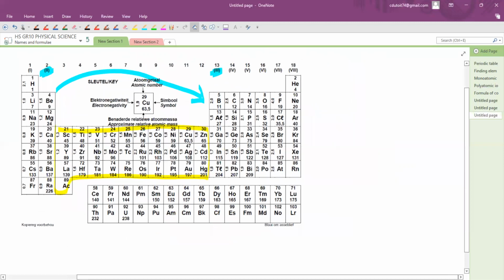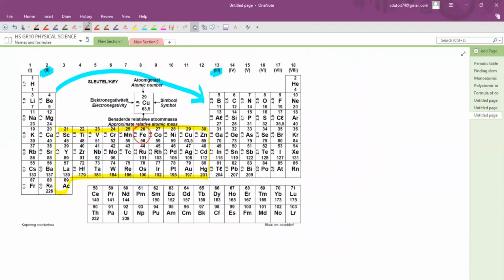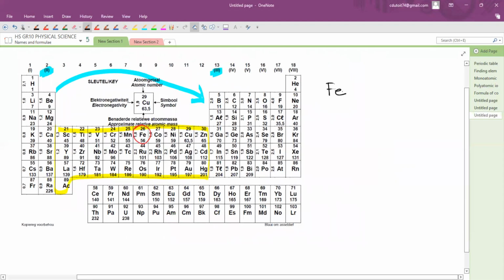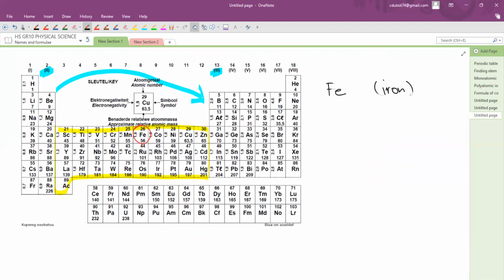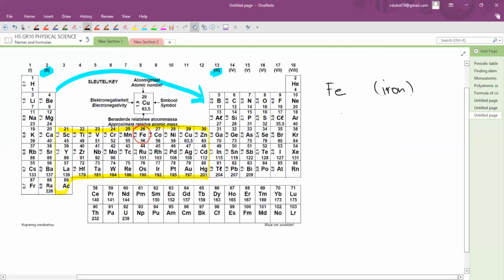Look at one of the most popular ones, Fe. Who can tell me what Fe is? Iron. Now, what is the charge of iron? Well, we don't know. So if we want to write a compound with iron in it, like say iron chloride, I can't just write iron chloride.